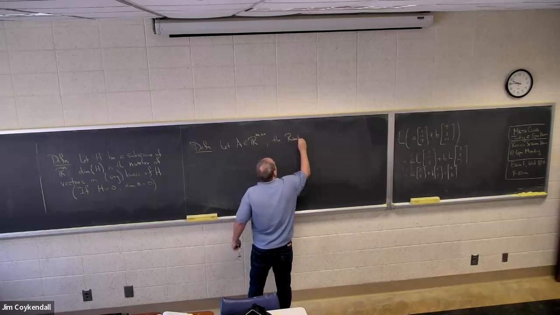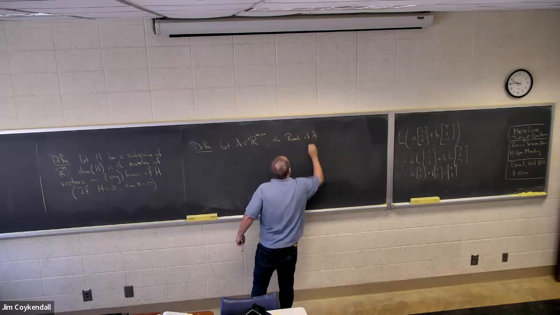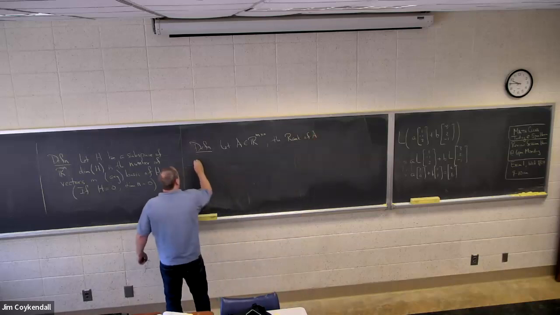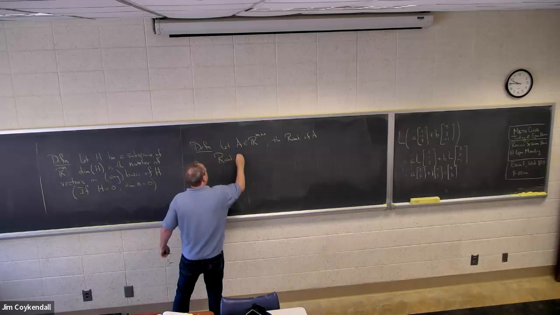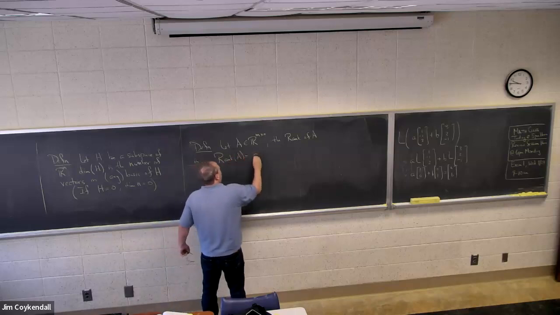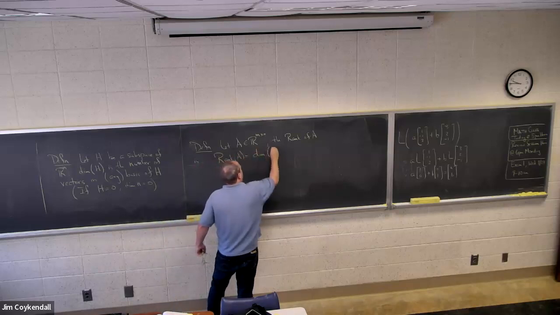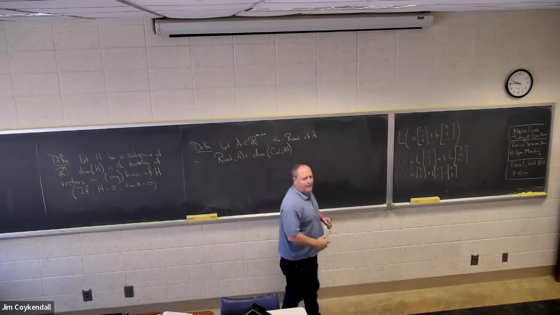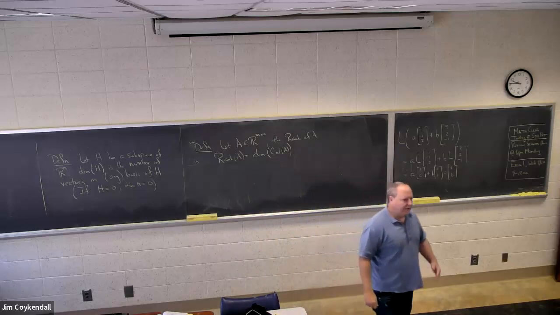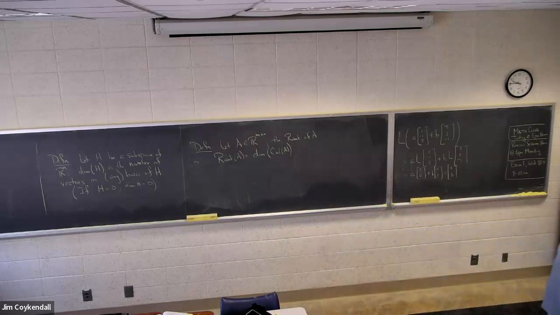The rank of A is, when I say the rank of A, what I mean is look at the column space and look at the dimension of that.